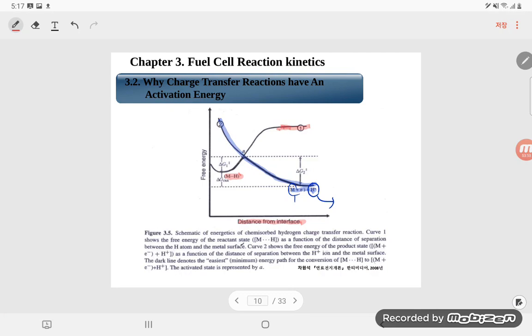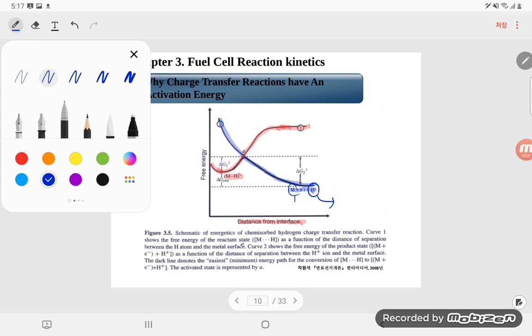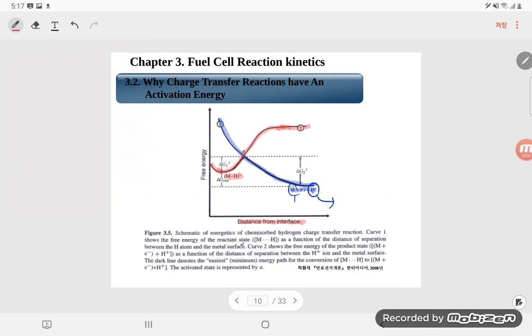So as the hydrogen atom approaches near the metal surface, the state is stabilized here. And if the hydrogen atoms approach too closely to the metal surface, then because of the repulsion between the atoms, the free energy will be increased. This is from the repulsion, right? So the energy curves can be drawn like this one, right?